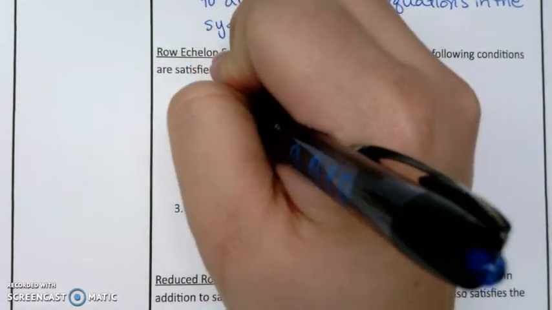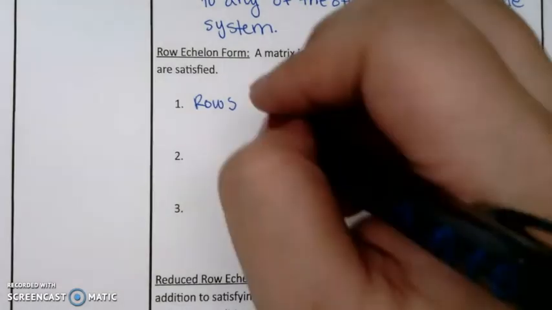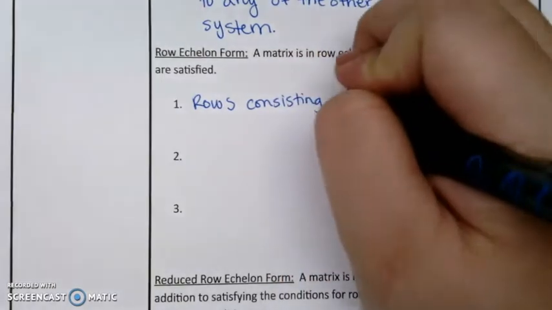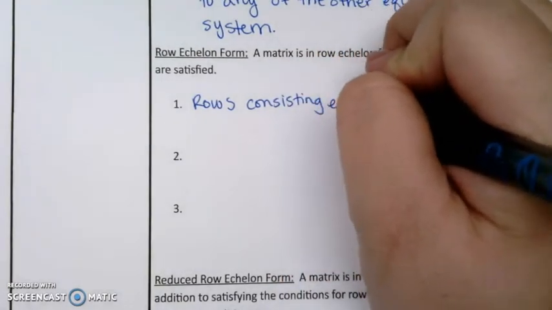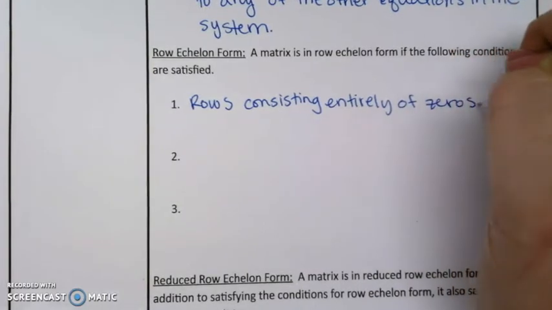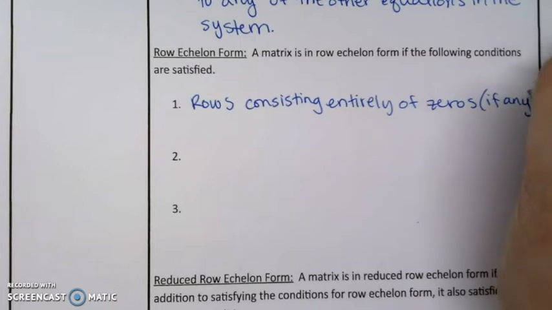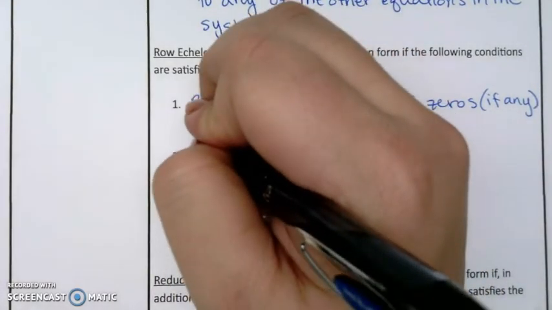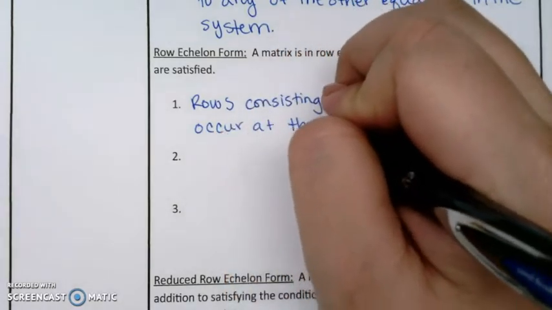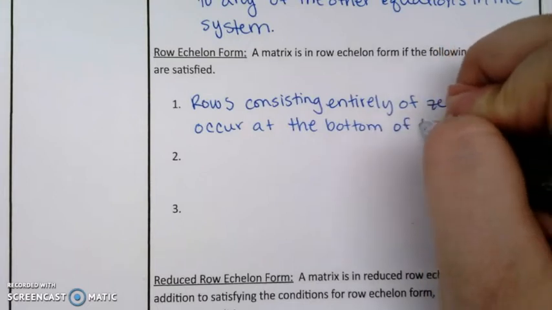The rows consisting entirely of zeros, if any, occur at the bottom of the matrix.